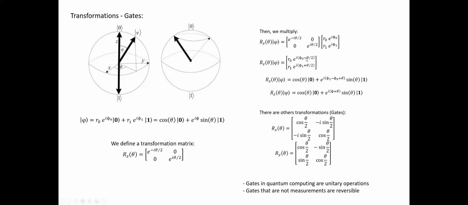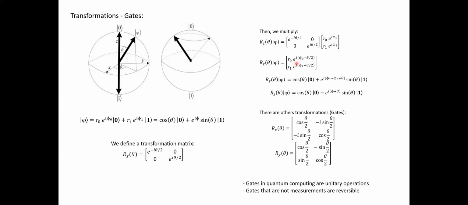So we can just do the matrix multiplication between RC and the qubit state, just like any other multiplication of two matrices. After the multiplication, we get this new vector for the new qubit.